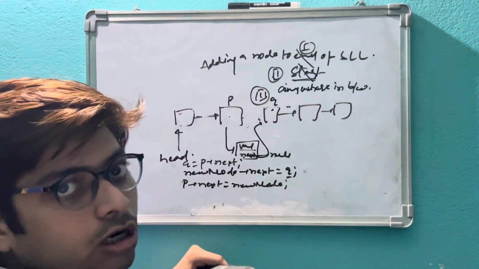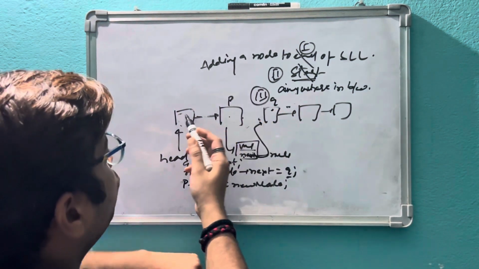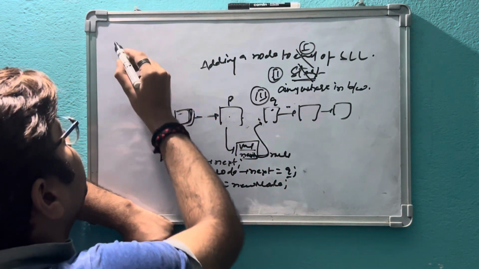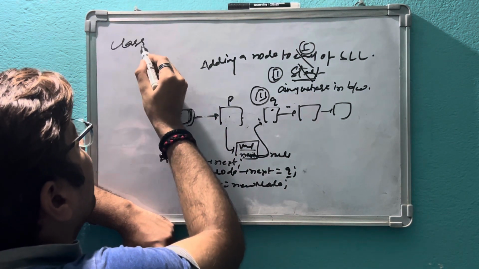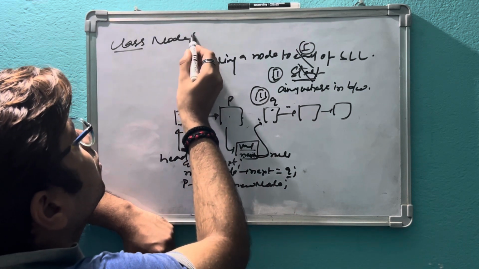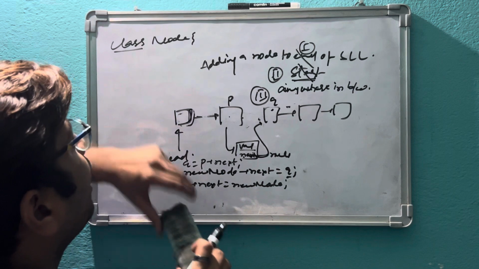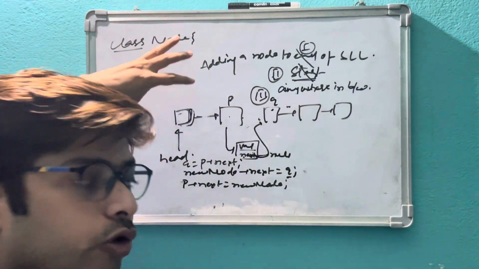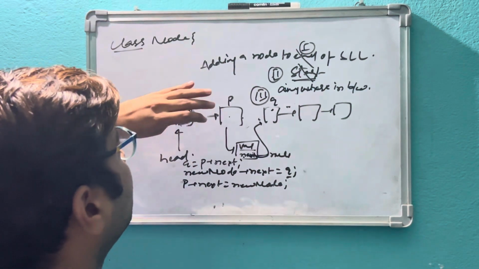So how would you create a node? Let's say you have a class named node, and the value we can store as a character, string, or any number of value types for a node.